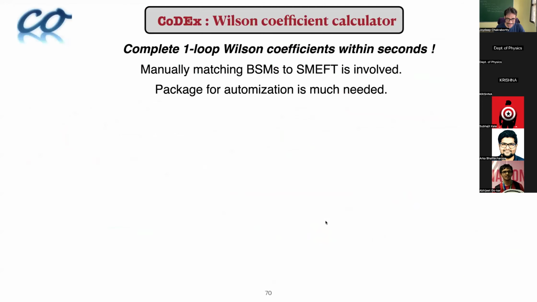We have developed a program based on the covariant derivative expansion, which computes the one-loop Wilson coefficients for any kind of extension of the standard model. It mostly works for scalars, and now also for some fermion theories.